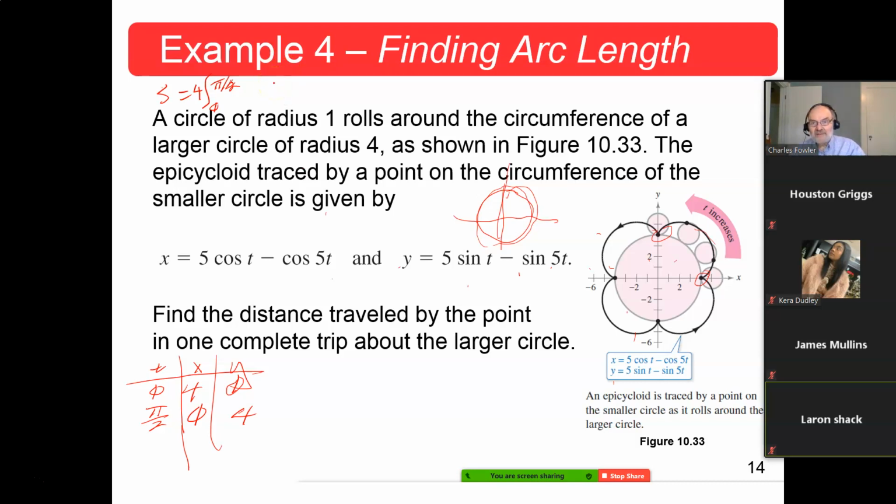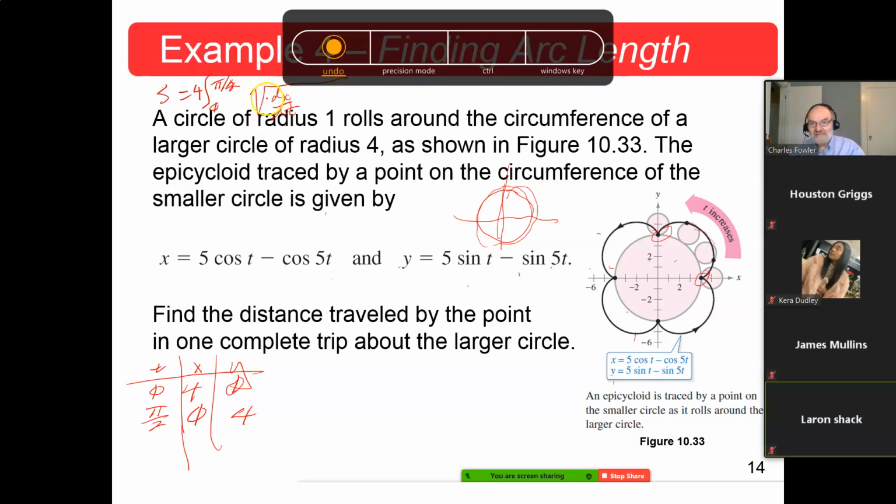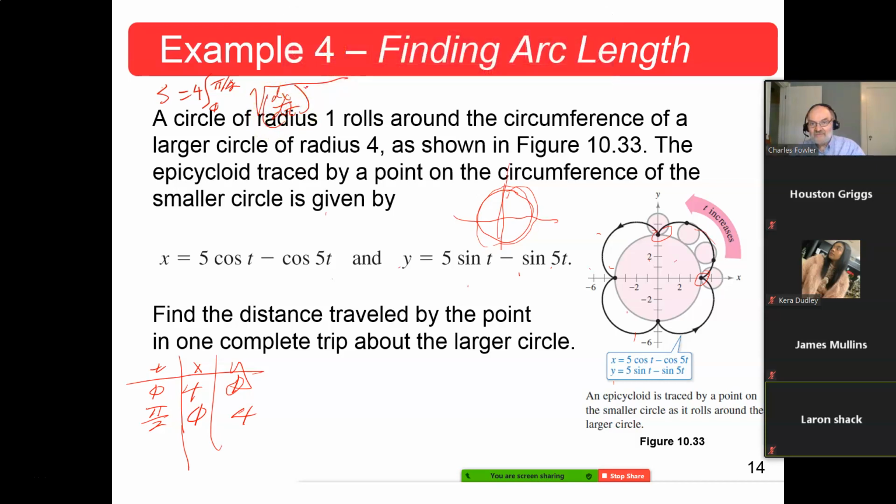The square root of dx dt squared plus dy dt squared.